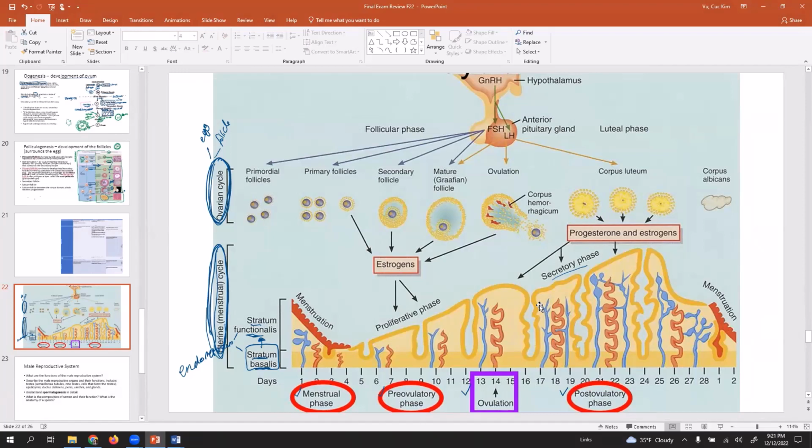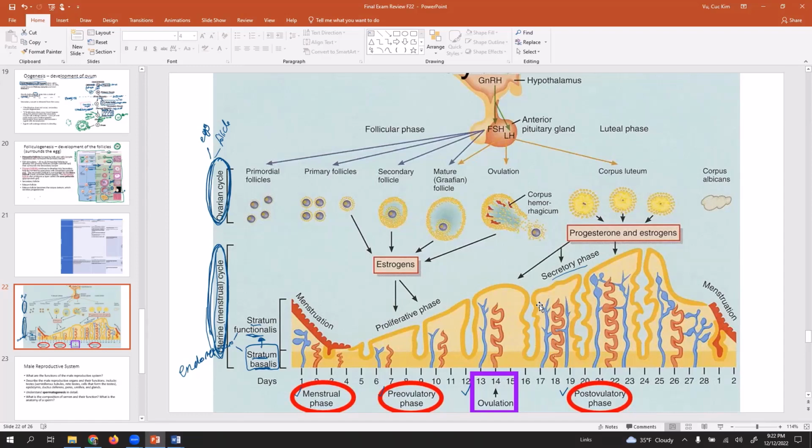So let's go through the role of the hormones in both the ovarian and the uterine cycle. The uterine cycle is pretty straightforward. It's just the menstrual phase, the preovulatory phase, the ovulation, post-ovulatory phase, the secretory phase, which is what we talked about earlier. But what is more complex is to link both of those cycles together through what hormone does what. Okay, so you ready?